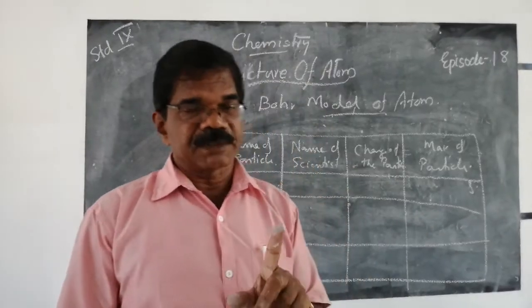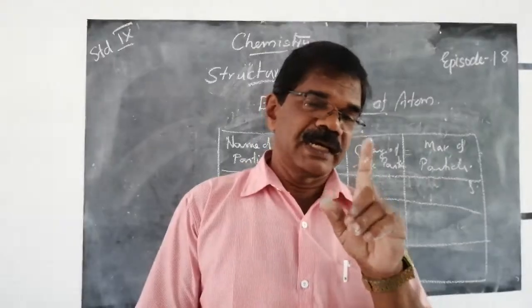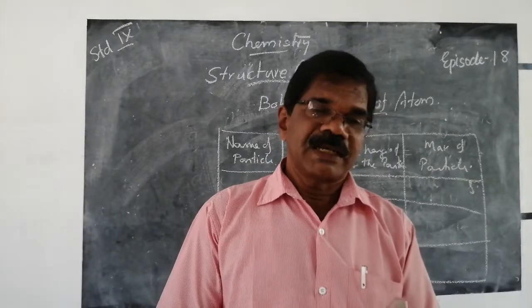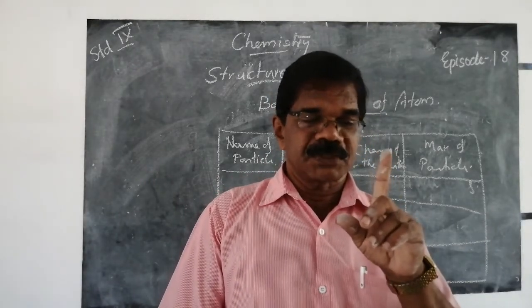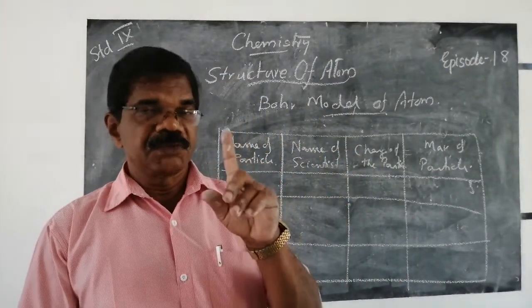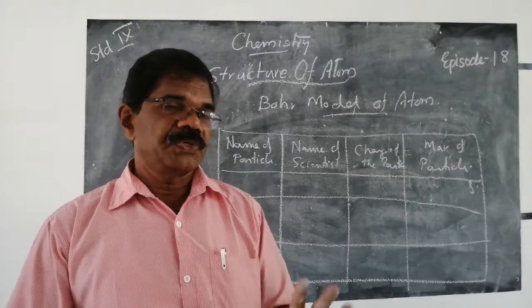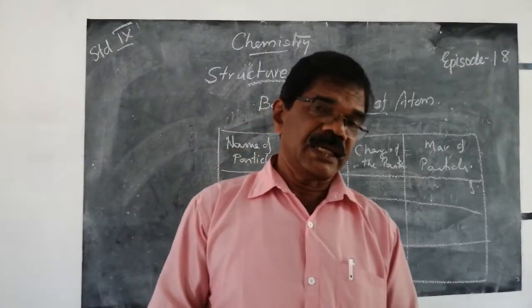Which is the neutral particle present in the atom? The path of the electrons is called dash. What is another name of the shells? The electron situated in which shell has the least energy? The electron situated in which shell has the highest energy? So you have to ask yourself and try to find out the answers.